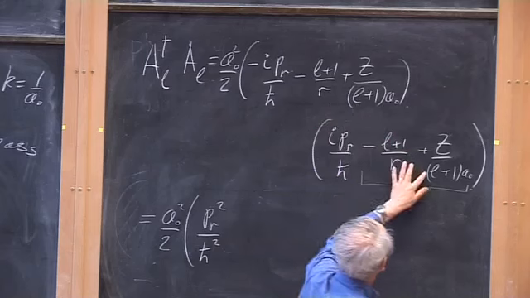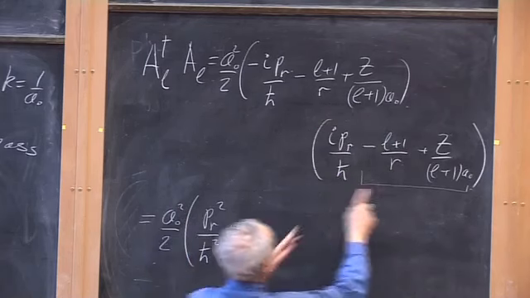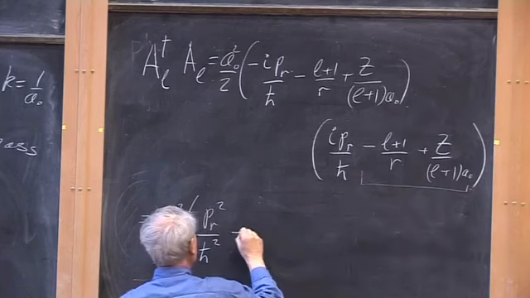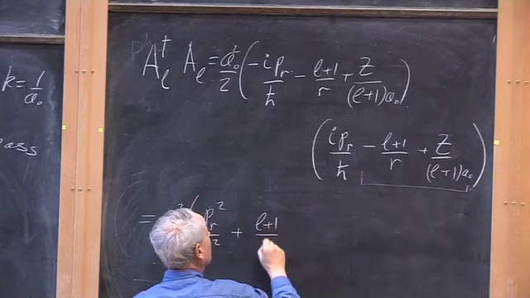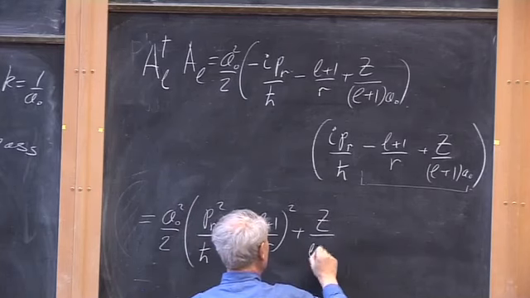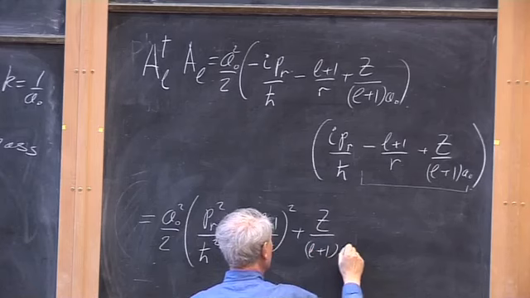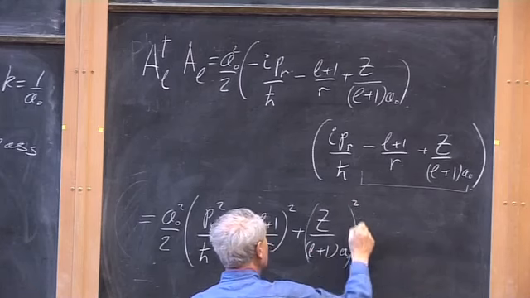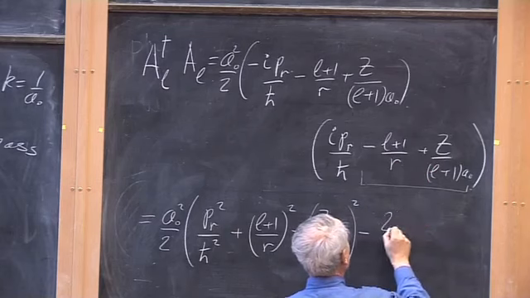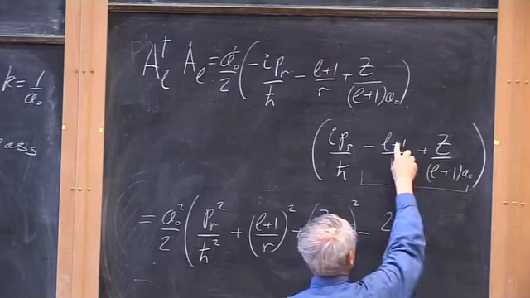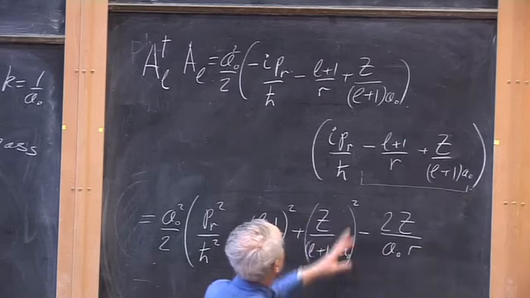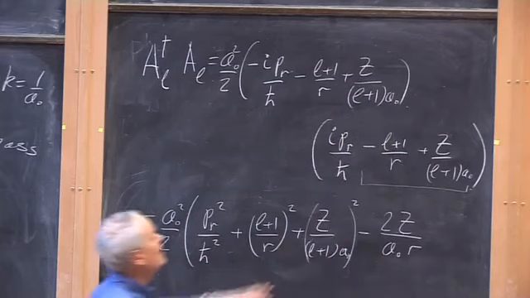And then these I have to multiply together. So what do we get? We get the square, basically, of this number here. So we have plus (l plus 1) squared over r squared plus Z squared over (l plus 1) squared a0 squared, minus the cross term here, which is going to be minus twice 2Z. Those are going to cancel, and we will have a0 r. So that's the two easy parts, right?